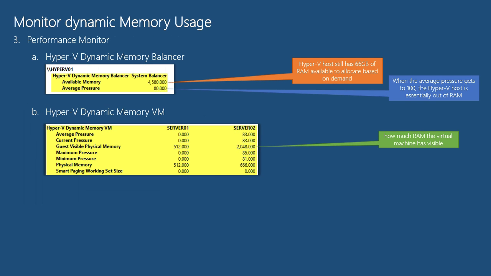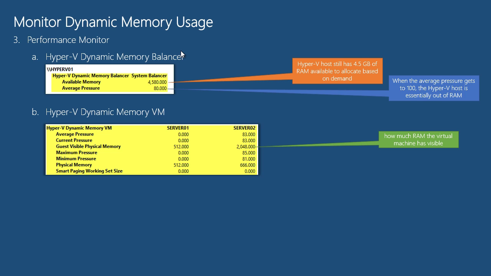The other way to monitor dynamic memory usage is to use Performance Monitor on the host itself. You can get a very detailed live view of the dynamic memory picture. The key counters are Hyper-V Dynamic Memory Balancer and Hyper-V Dynamic Memory VM.